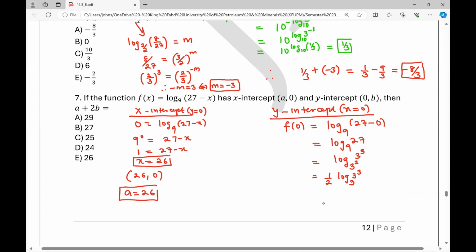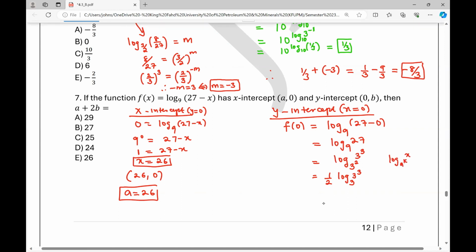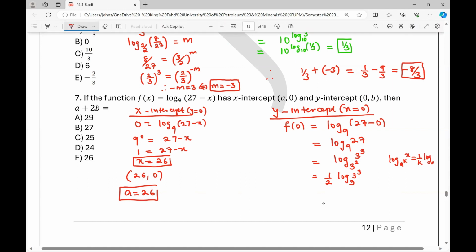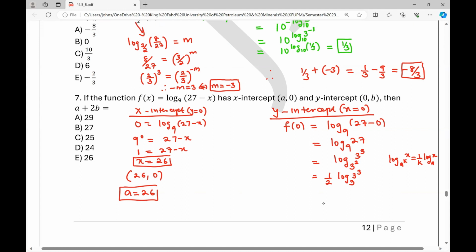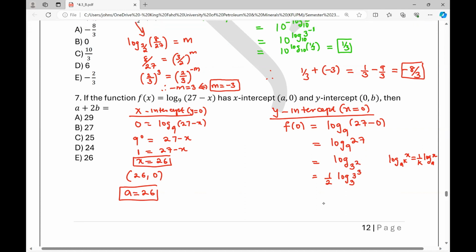So I'm using this law here. If you have log to base a^k of x, it is 1 over k log base a of x. So this 9, I wrote it as 3 squared. So this is my k. K is 2, then it can go down as half. But here, this 27 is still here as 3 to power 3.